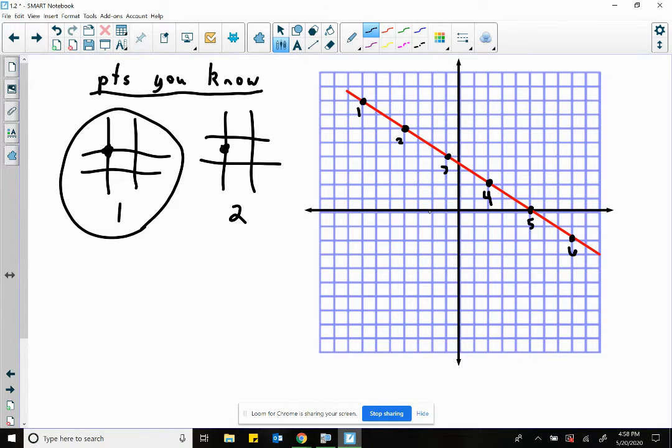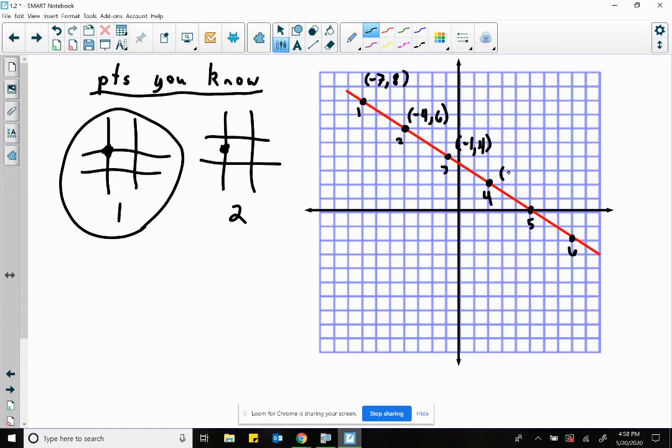This point is 1, 2, 3, 4, 5, 6, negative 7. I believe that's 8. 1, 2, 3, 4, 5, 6, 7. Yeah, 8. This guy right here is negative 4, 6. This one right here is negative 1, 4.